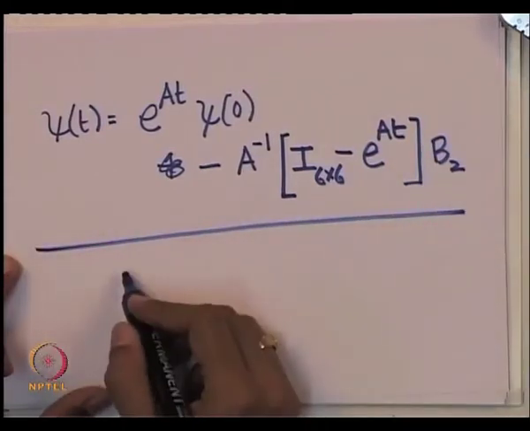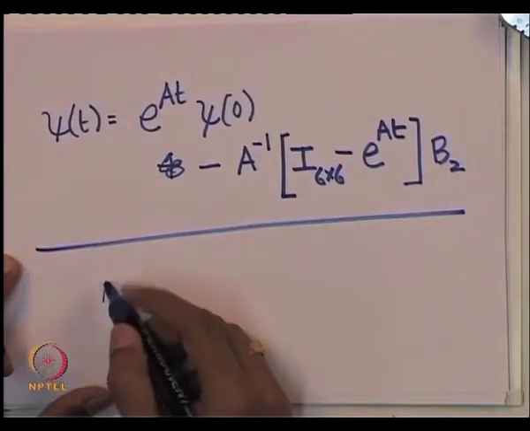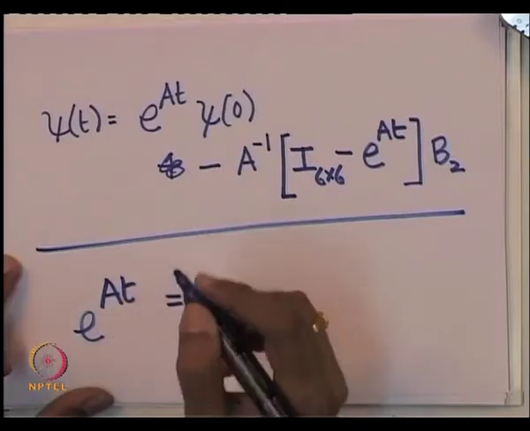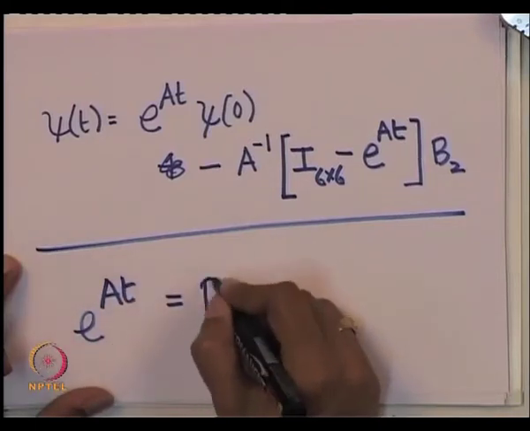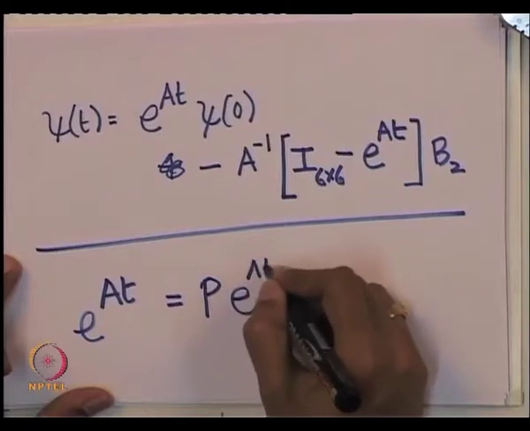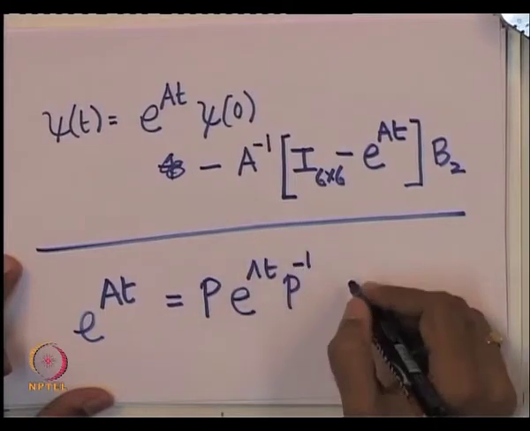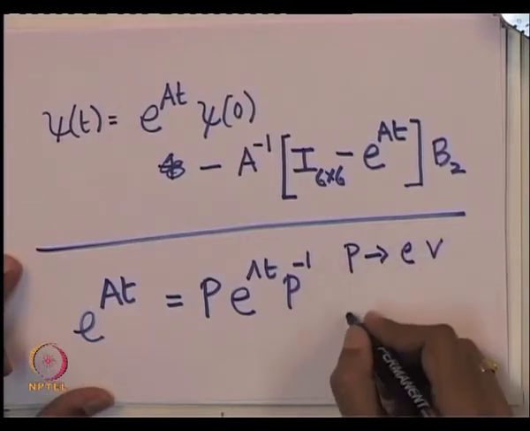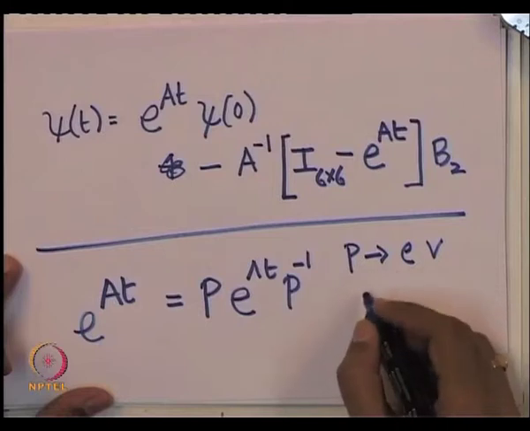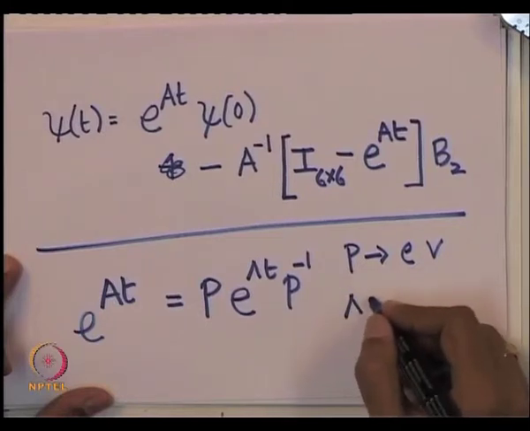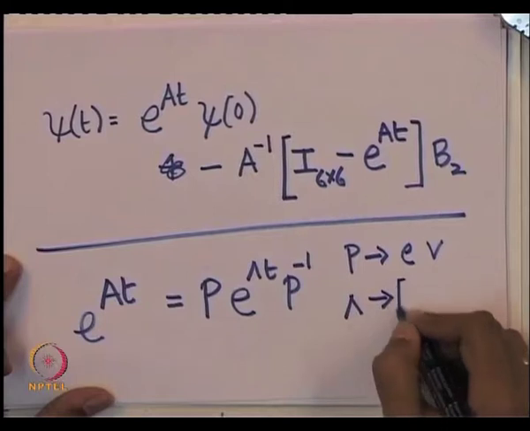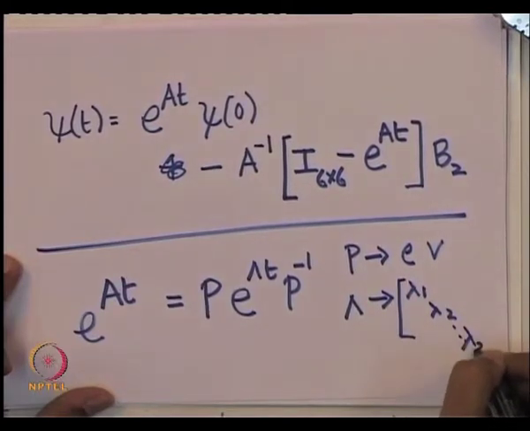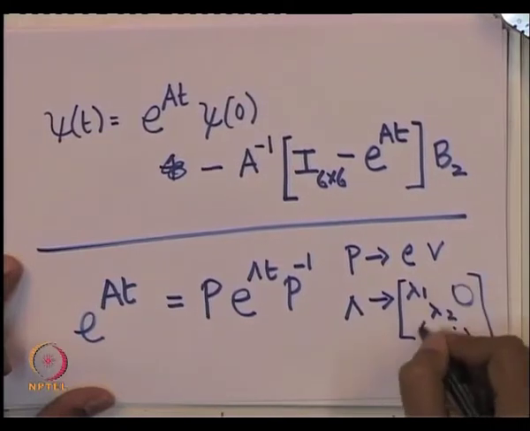Remember, of course, that e raised to A t is nothing but, we have done this before, P e raised to lambda t P inverse, where P is the right eigenvector matrix, and lambda is a diagonal matrix containing the eigenvalues along its diagonal elements.